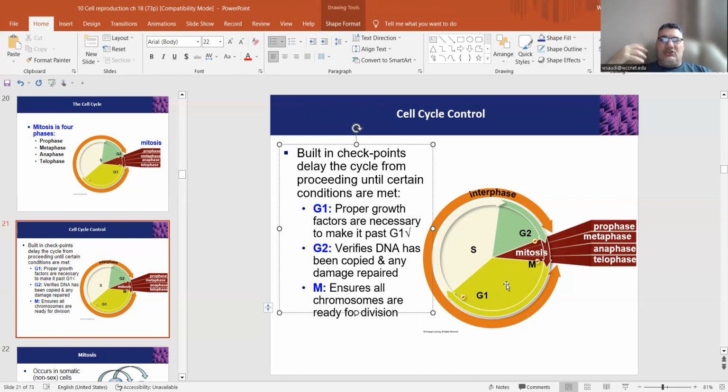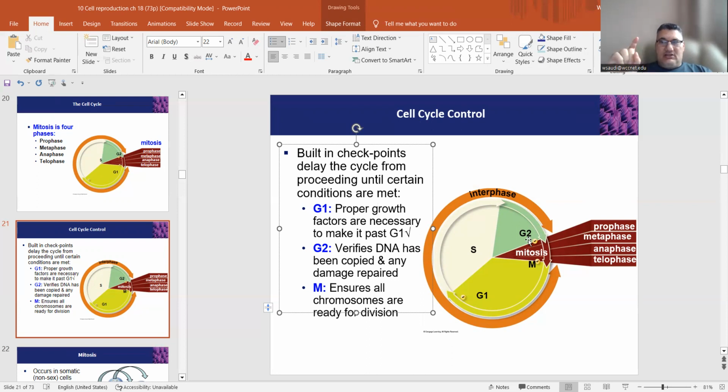You're working on it and preparing, and then we tell you, stop here. Is everything good? Did you make sure that you have all that you need? Is everything in good shape? Yes. Okay, move on to the S, and then move on to the G2, and then stop.